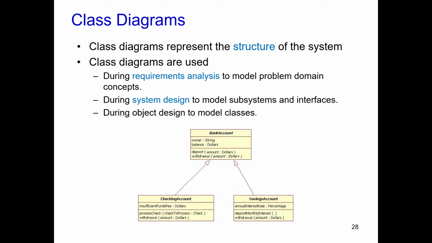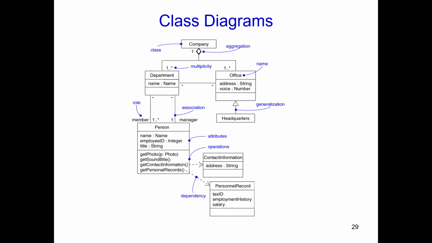So here's another example. Another example in terms of a company. So this is not necessarily a software, but this is representing the company. So you see the aggregation. So in order to get the company together, you need departments, you need office space. And then within the departments, you need multiple people. Like you have members and you have managers.